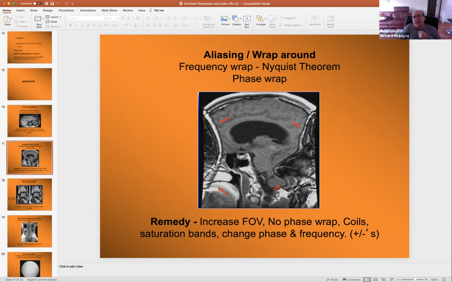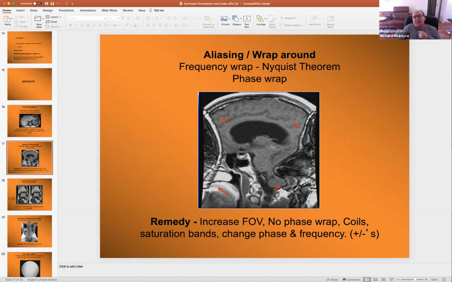So if that's got the same phase encoding as the frontal lobe, the machine's going to think that the occipital lobe is in exactly the same position as the frontal lobe, and it's going to position it here. Same as the nose comes out here, okay? That gets the same phase encoding exactly as the cerebellum and the occipital lobe in this case, okay, or the front of the occipital lobe.